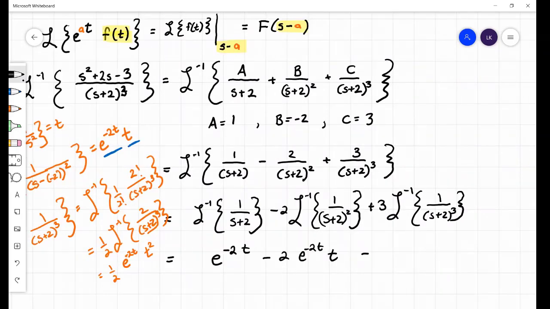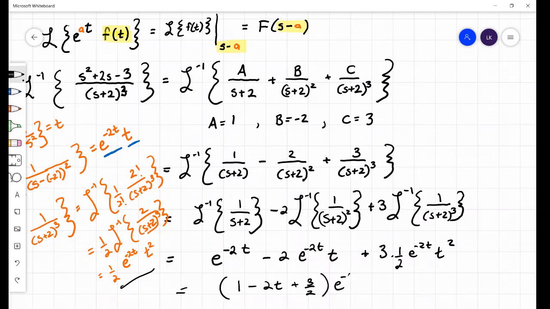So we get 3 times 1/2 e to the minus 2t times t squared. So at the end of the day, we get a polynomial times this exponential.